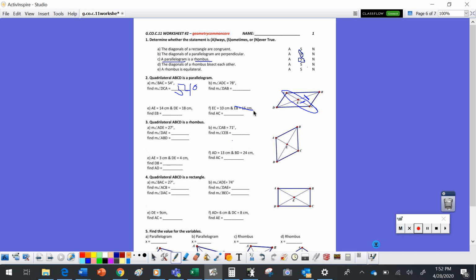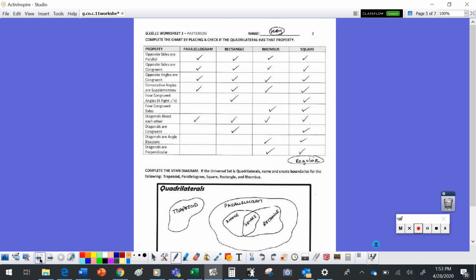I'm talking about the diagonals of a parallelogram. And if we go back and look in the parallelogram column, anything about the diagonals? Well, I have the diagonals bisect each other. And that's true for a parallelogram.